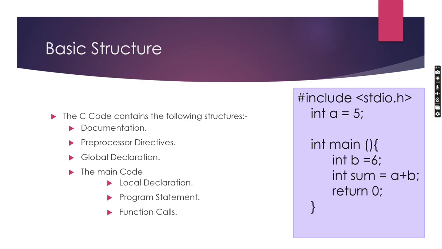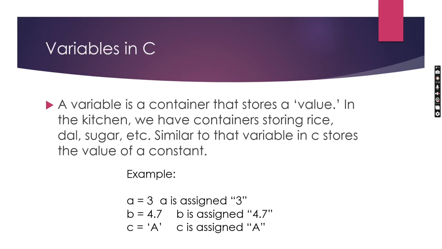Variables are named memory locations. We will discuss variables and all the components written here one by one in detail further. Then there is a main and sum, etc. A variable is a container that stores a value, like in the kitchen.